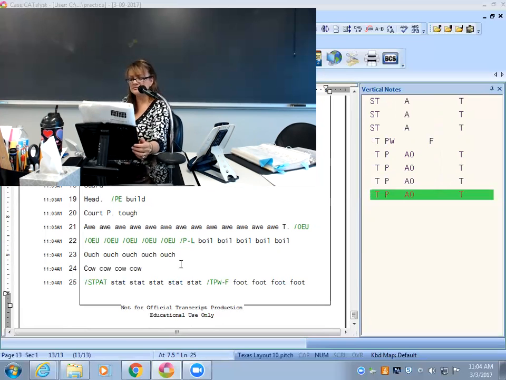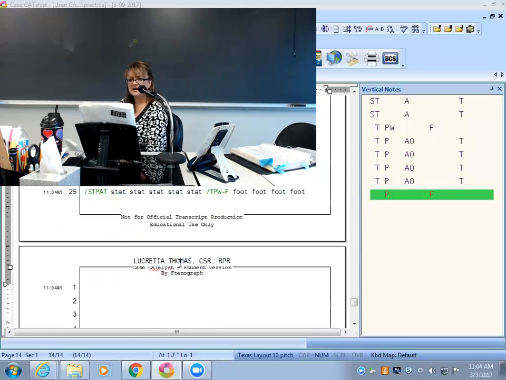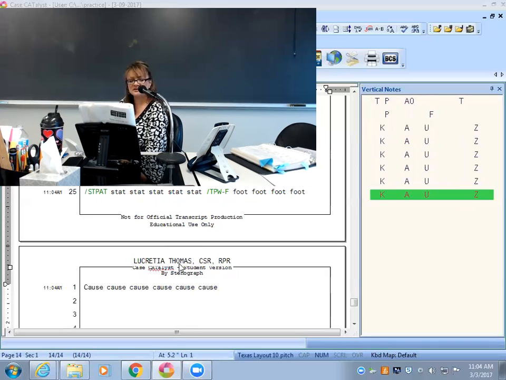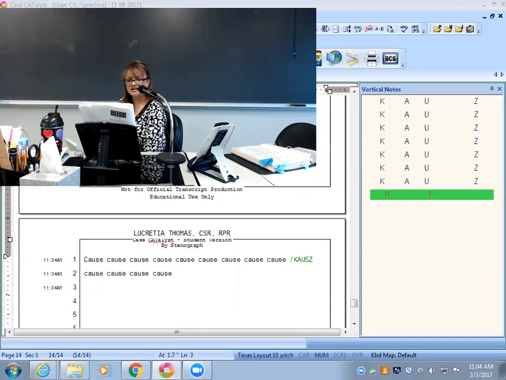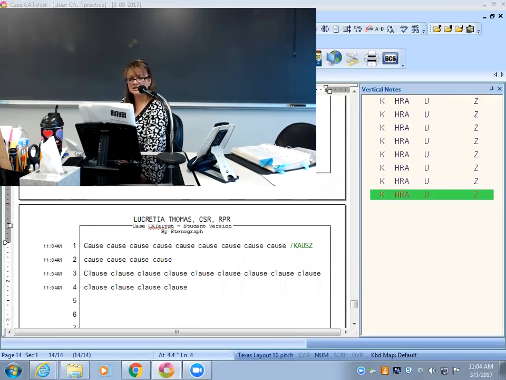And then you have some words at the top of page 55. Cause. What is your cause for doing this? And it's the Z sound, even though it's spelled with an S, but we write the Z, okay? Cause. Clause. There was a short clause on that. Clause. House.